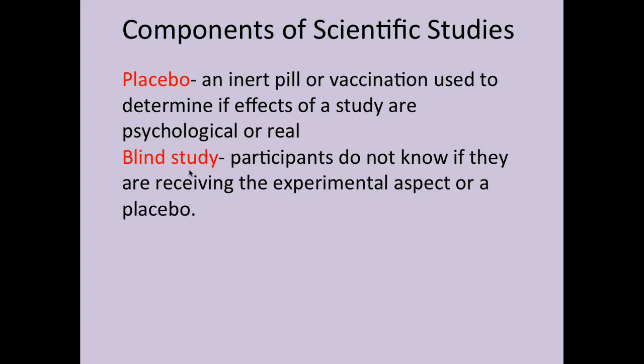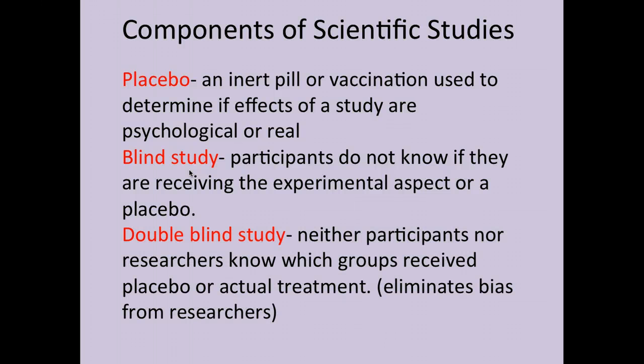A blind study means that the participants don't know if they're getting the real deal or if they're getting the placebo, because if they know, they might still be subject to the same psychological conditions. And in a double-blind study, neither the participants nor the researchers know who's getting the placebo and who's getting the actual treatment.